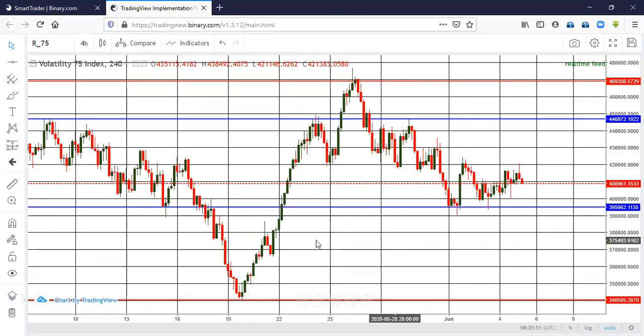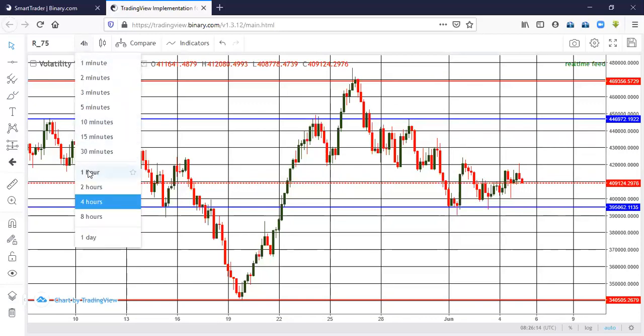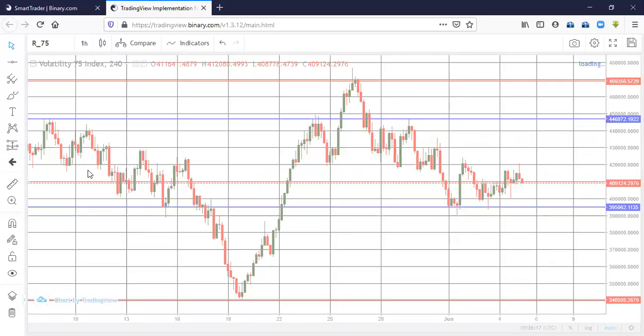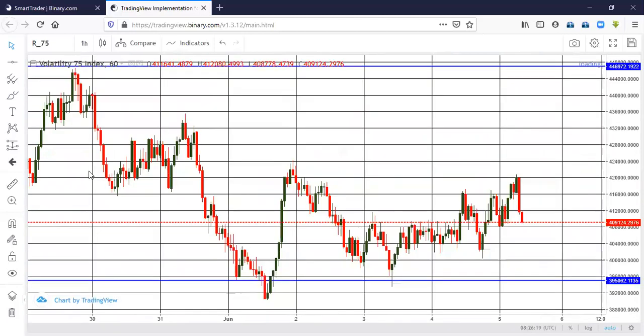Entering trades on a higher time frame like 4 hours, unless you have a very big equity, most of the time you might just deplete your account. So what we do now is change our time frame to 1 hour. So we have changed our time frame to H1.